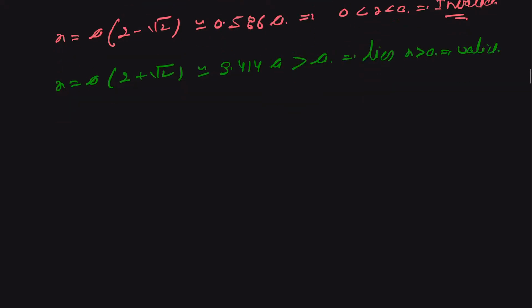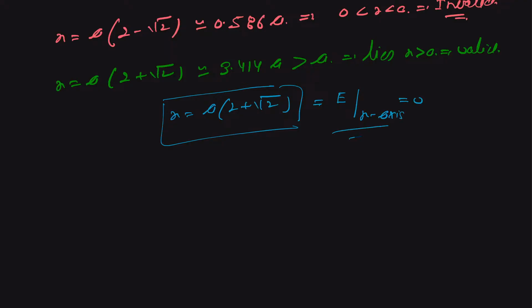So our x is equal to a times 2 plus square root of 2. At this position we are going to get that our electric field on x-axis will be equal to 0. Okay.